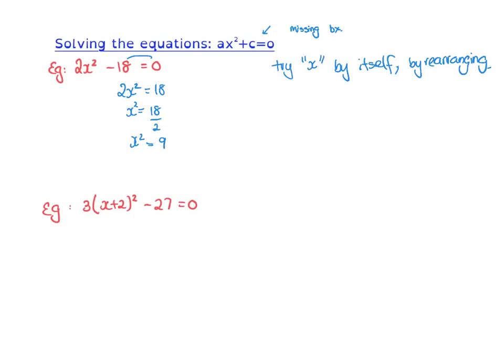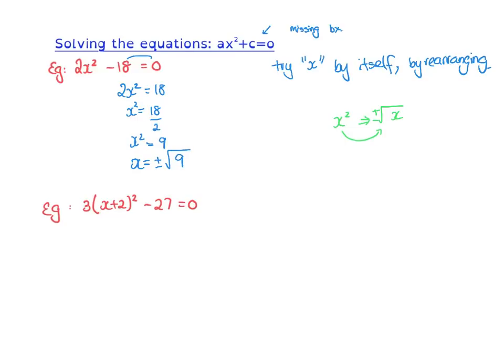Now the opposite to squaring something, so if you have something squared and you bring it over the equal sign, the opposite to doing that is the square root, and it's always plus or minus. So if we go to do that here, we're going to go x equals plus or minus the square root of 9.